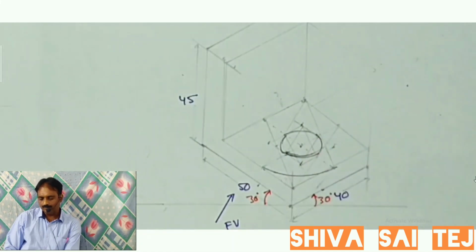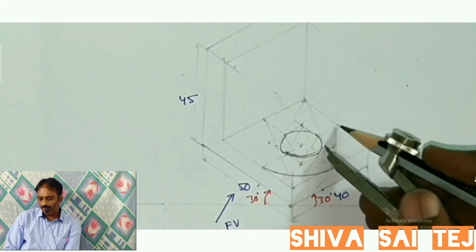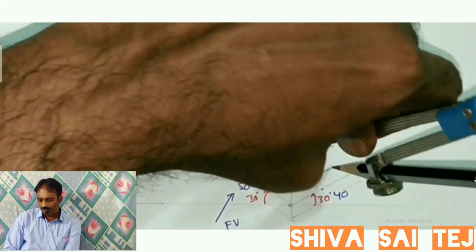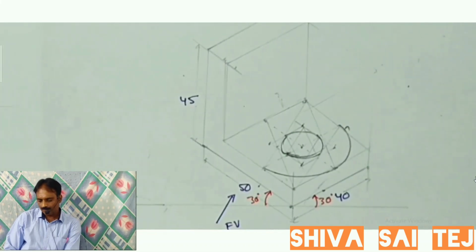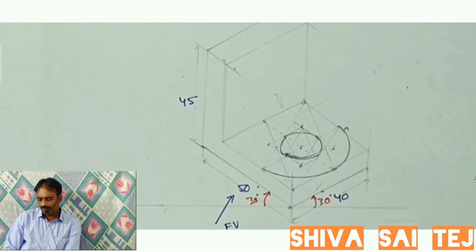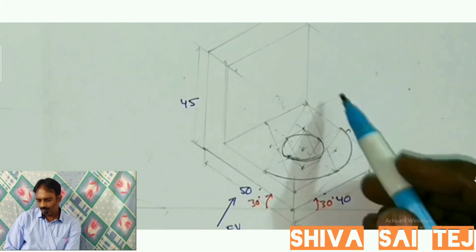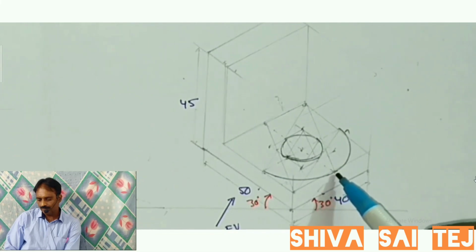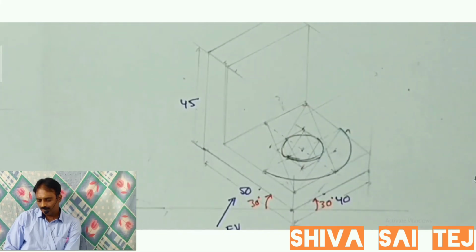of this particular XY plane. And in order to develop the bottom layer, we have to shift the points, that point by 10 units in the downward direction.